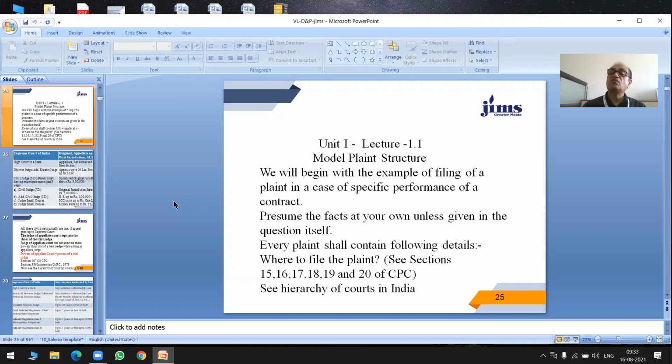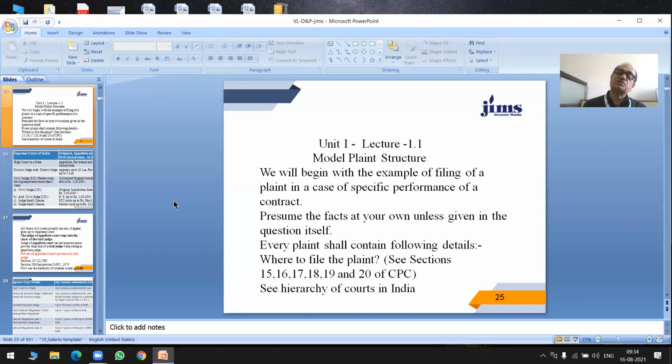Plaint has to be filed according to the jurisdiction. You will find out the name of the court according to the jurisdiction allotted to the court. And if you read sections 15, 16, 17, 18, 19 and 20 of CPC, you will come to know which court has jurisdiction to hear your matter.